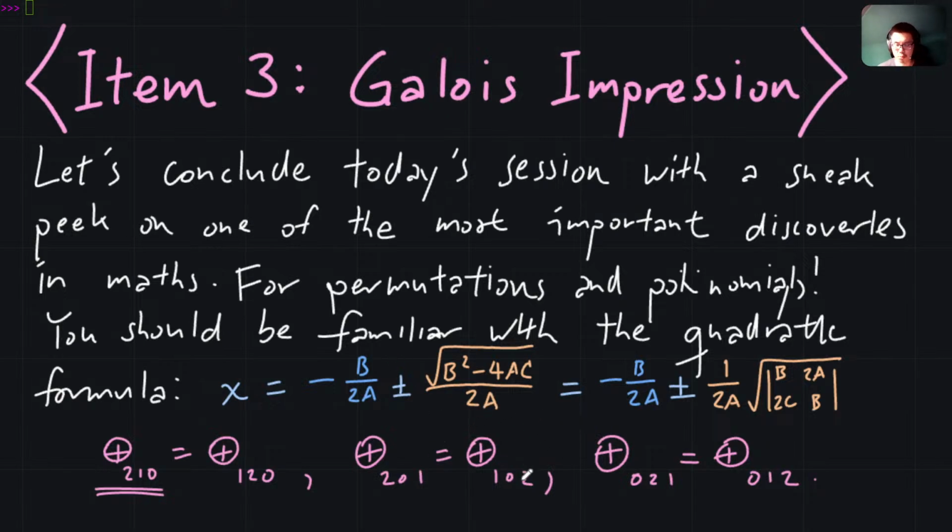The splitting field, so a field is just a set of numbers that's constructed through the arithmetic operations and is closed, so they do not yield any value that's outside of the field, informally speaking. Splitting field is just the smallest field to contain all the roots of this polynomial. Namely, the splitting field is of the form Q adjoined with the root of the discriminant, assuming the root of the discriminant is a surd.